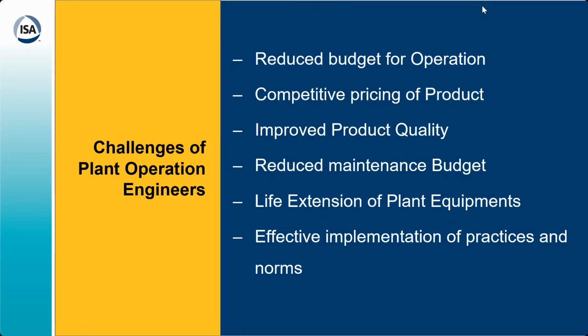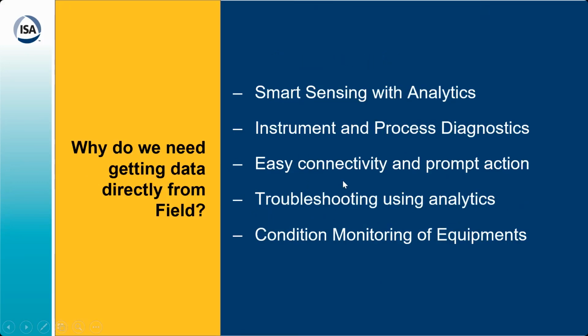So the first thing is, where to get the data. Why do we need this from the field? Often you say, I'm getting 4-20 milliampere from the instrument, so why do I need any other data from the field? Because we are in the smart world, and now there is smart sensing, which gives you a lot of analytics, not only the measurement.